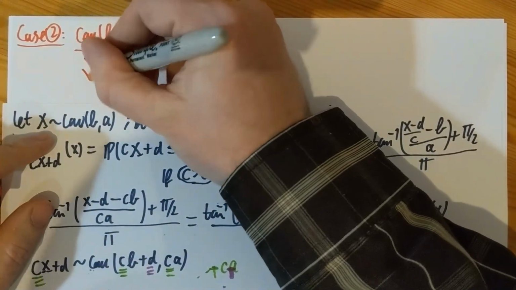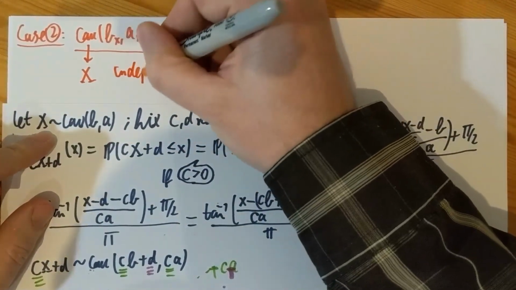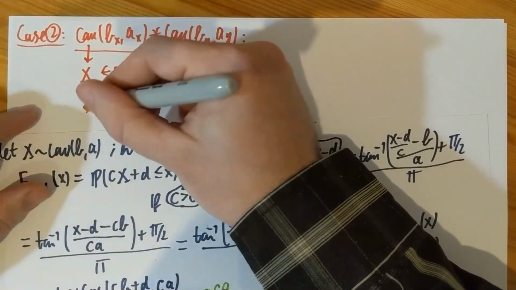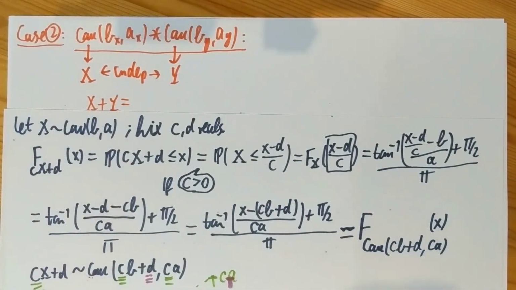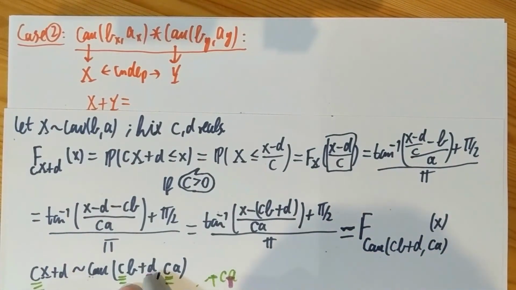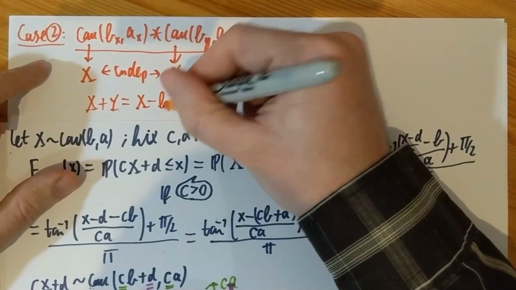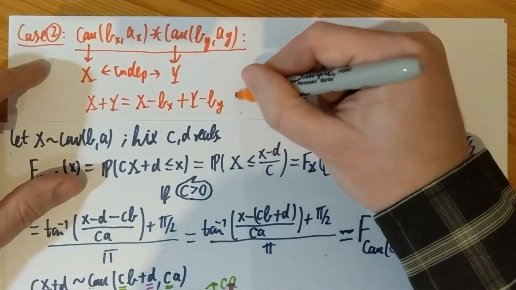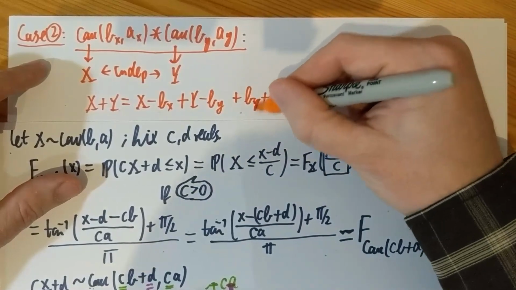So take x with this distribution and y with that distribution, and of course they are independent of each other, and try to find out about the distribution of their sums. Now if I pick c equals 1 and d equals minus b, then I get a 0 parameter at front. So let's subtract b from both. And then of course I have to add these b's back, bx and by.